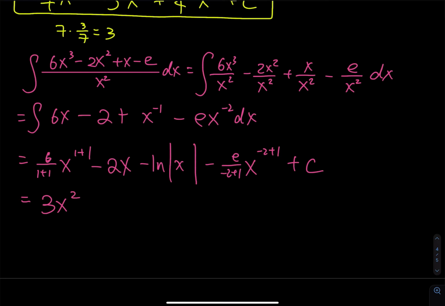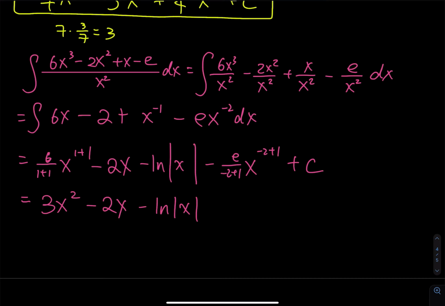Is this correct? The derivative of this, you get the 6x back. And then minus 2x, the derivative of this is 2, and then the derivative of ln is 1 over x, but don't forget the absolute value. And then that I will just keep.